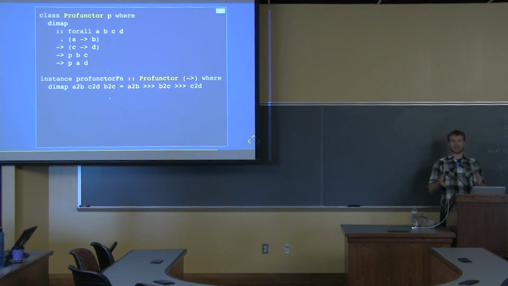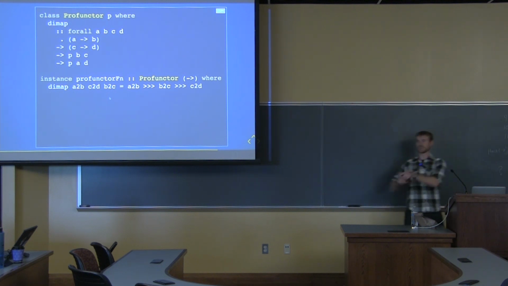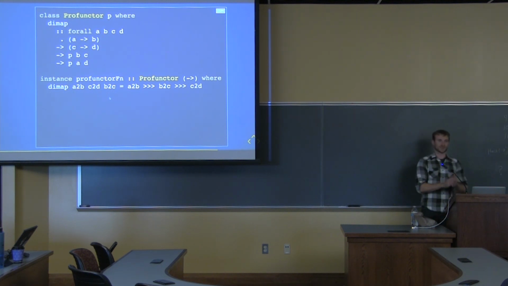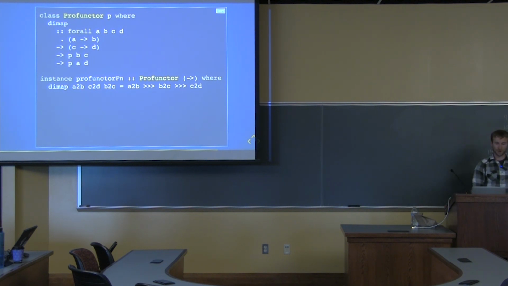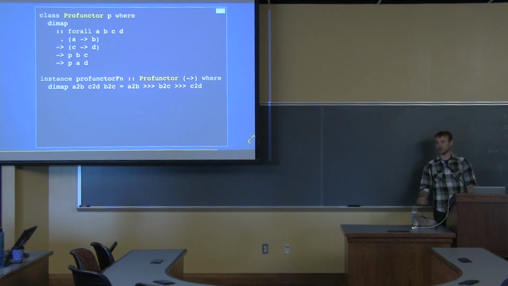So you originally had a B to C, and now you have an A to B, which you compose with your B to C, which you compose with your C to D, and what you get out is a function from A to D. And so if P is function, you go from a function from B to C to a function from A to D. You basically run your input all the way through that chain, and you get out your D.